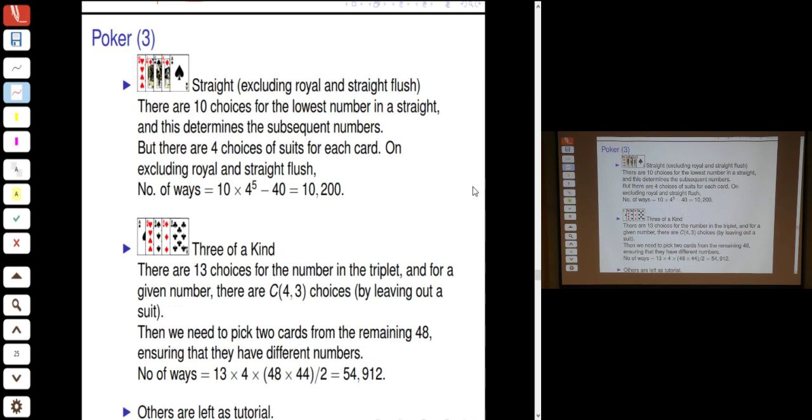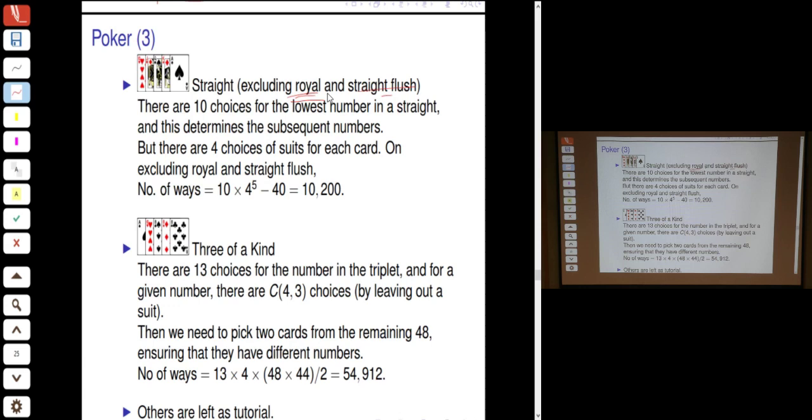A straight hand means that the numbers are consecutive, but we want to exclude the straight flush or the royal flush. In a straight flush, the numbers are not only consecutive, they belong to the same suit. And in a royal flush, the numbers are not only consecutive, but they are the top 5 numbers belonging to that particular suit.